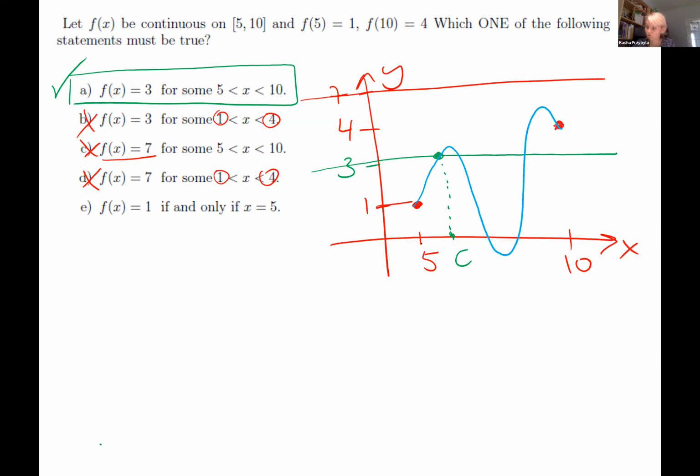We do have the value, but if I draw the whole horizontal line, this is the corresponding x value, this is a corresponding x value, and this is a corresponding x value. That means I have x sub 1, x sub 2, multiple x's where the horizontal line is 1. That means it's also false.